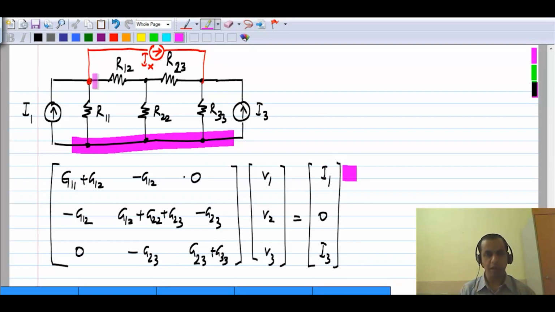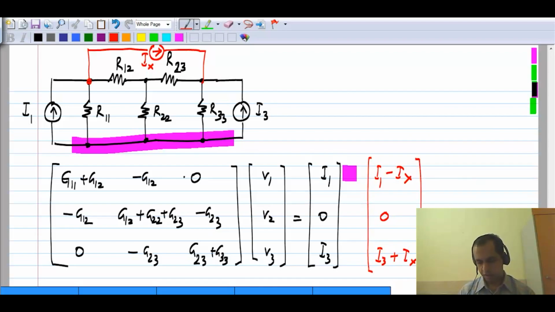It is the total independent current being pushed into node 1. It was originally I1. Now it will be I1 minus Ix because of the polarity of Ix. Node 2 has been untouched, so that will still be 0, and node 3 will become I3 plus Ix, because Ix is being pulled from node 1 and pushed into node 3. These are the changes that occur to the nodal analysis setup.